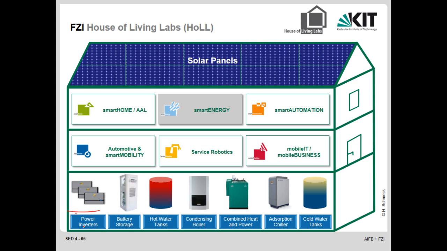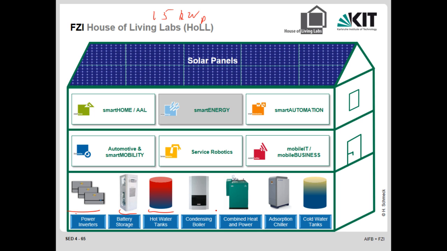We have power inverters. We actually, like these solar panels have 15 kilowatt peak, 3 times 5 kilowatt peak. So we have 3-phase, 3 times 5. We have a battery there, 30 kilowatt hours capacity.